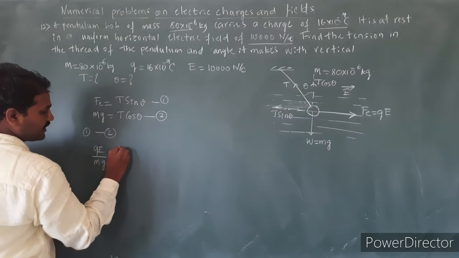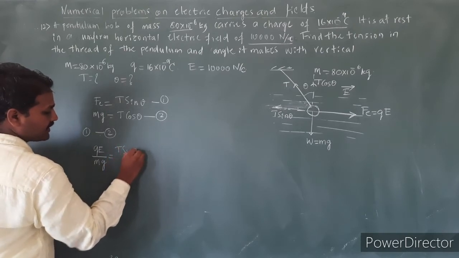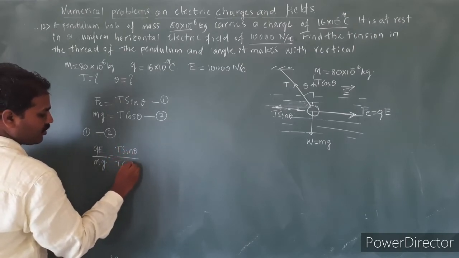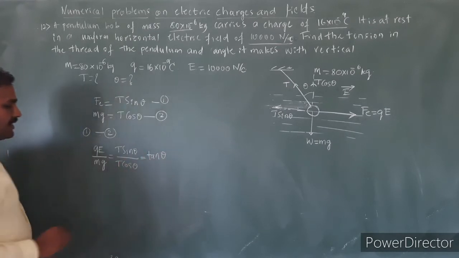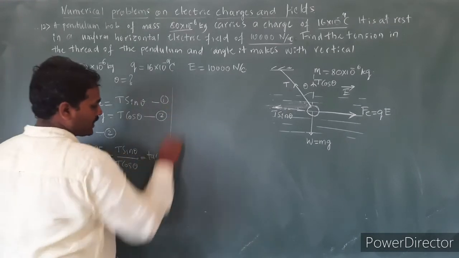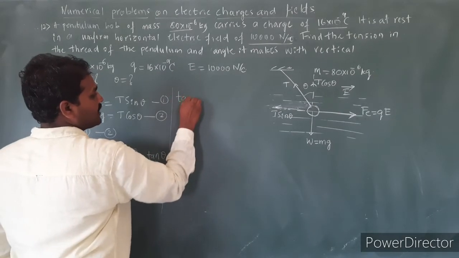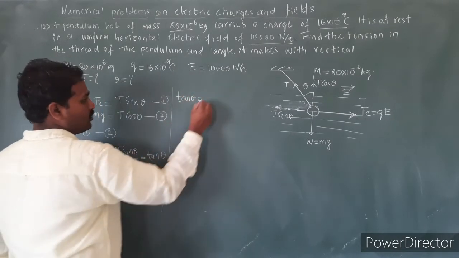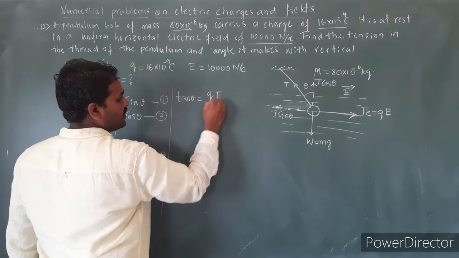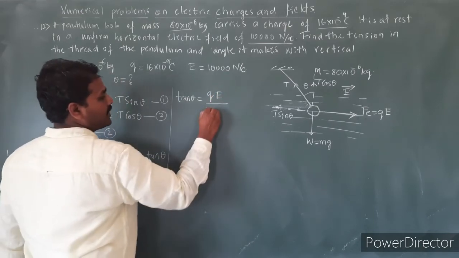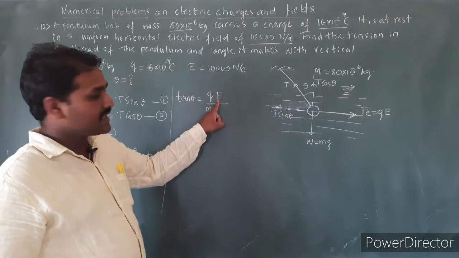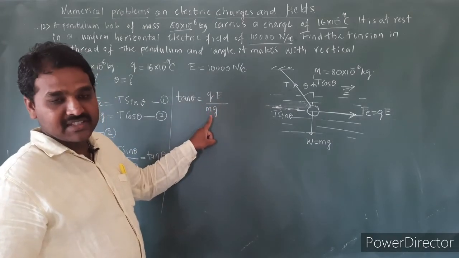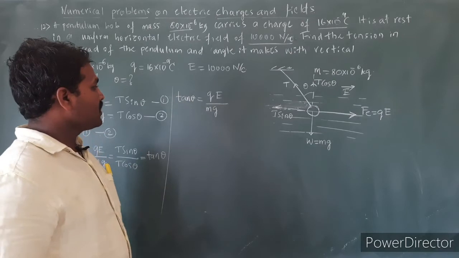T gets cancelled here, so that will give you tan theta. This implies tan theta is equal to Q into E divided by M into G, where Q is the magnitude of the charge, E is the electric field intensity, M is the mass of the object, G is the acceleration due to gravity.